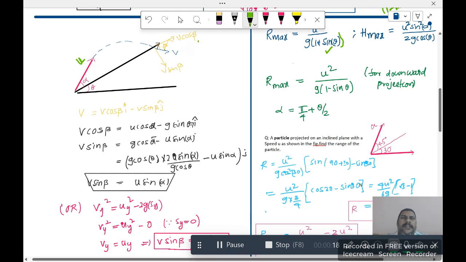Therefore v cos beta along the x axis and v sin beta along the y axis, the perpendicular direction and the horizontal direction respectively. So now v cos beta means vx.